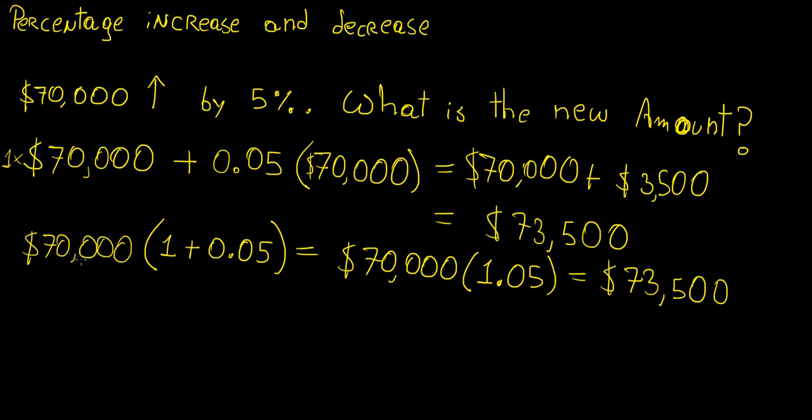In general, I think the easiest method is to do this kind of simplification, because you're always just going to be multiplying by some small number compared to 1. So it's going to be 1.05 in this case.